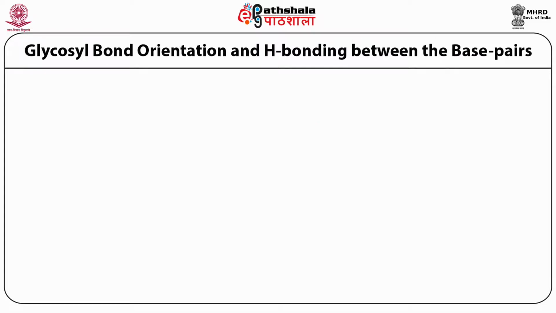Glycosyl bond orientation and H bonding between base pairs. We show in this picture hydrogen bonded base pairs AT and GC. We can notice the orientation of the glycosyl bonds, N-R, N-R, in both the cases.